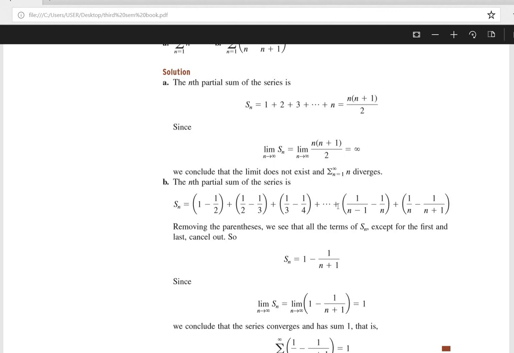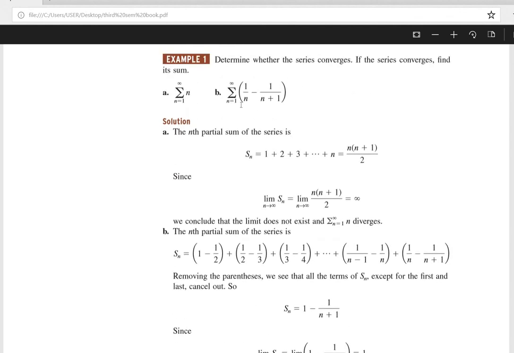Next we have to do this. Sn is the nth partial sum of the series. This is the question: sigma n equal to 1 to infinity of 1 by n minus 1 by n plus 1. This is a very important example.